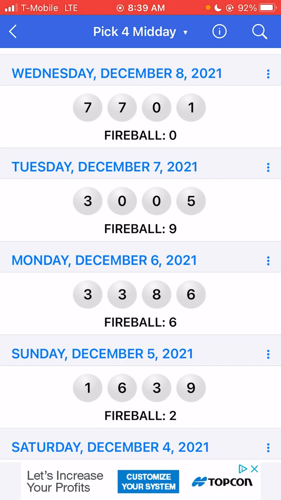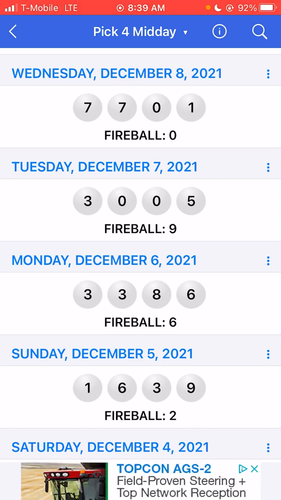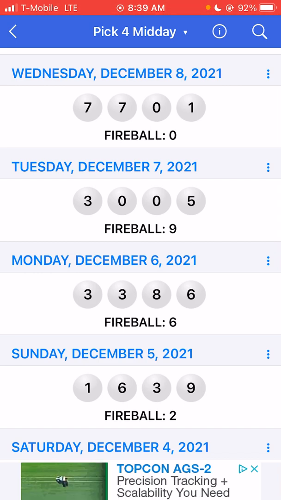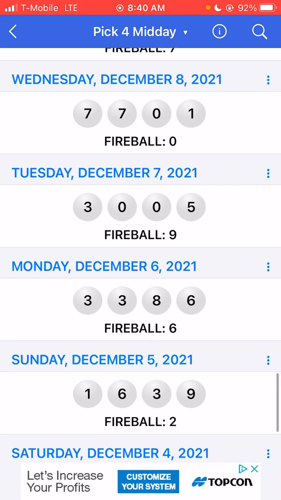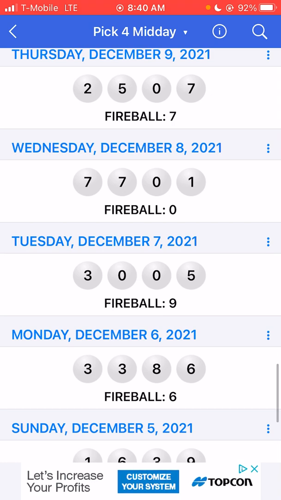It'd be the unmatched numbers of the 7, 0, and 1, and the unmatched numbers are when all numbers are different. So basically you're going to be playing 7 as a box, 0 as a box, and 1 as a box in an unmatched number. Let's just see if we did that, if we would win in the next game. So we're looking, the next drawing, for 7, 0, or 1. And there you go, that one would have won. You would have won $50 in gains.